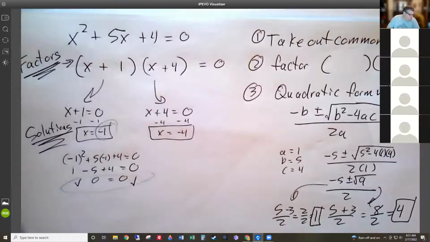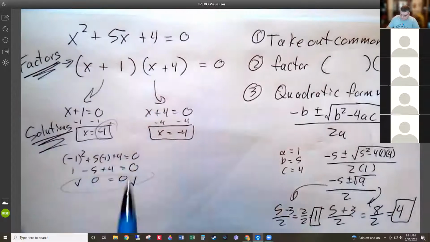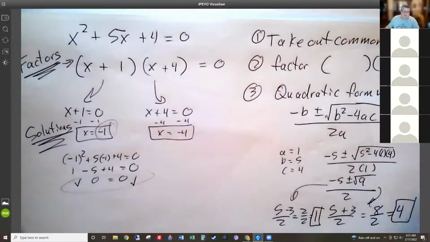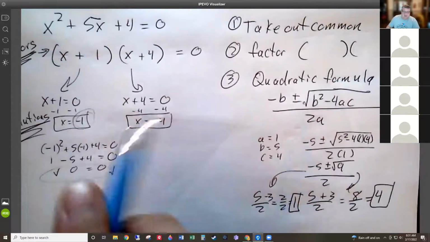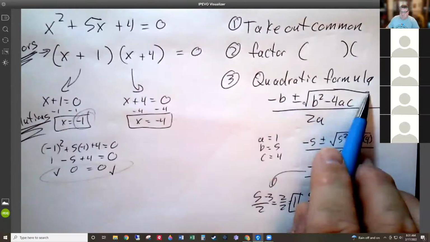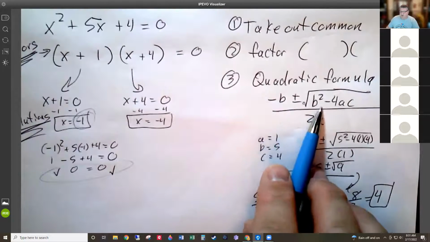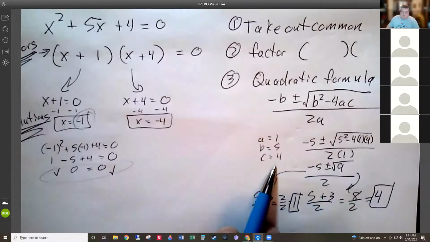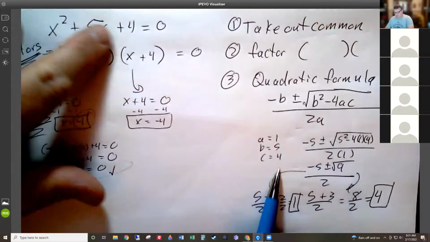With that in mind, this is what we've been doing. The only step is we added the solutions. Now, let's say we had a much harder problem than this, something that would require the quadratic formula: the opposite of b plus or minus the square root of b squared minus 4ac, all over 2a. A, B, C, I just grabbed them out of here: 1, 5, 4.